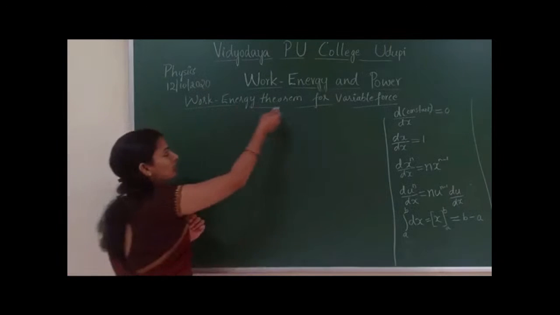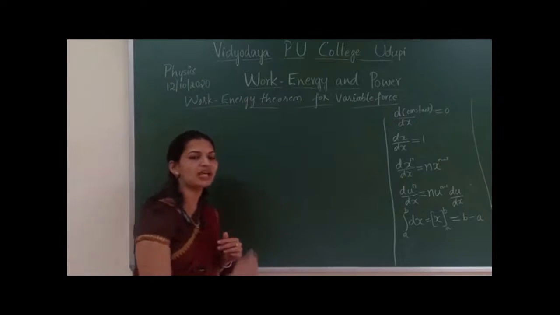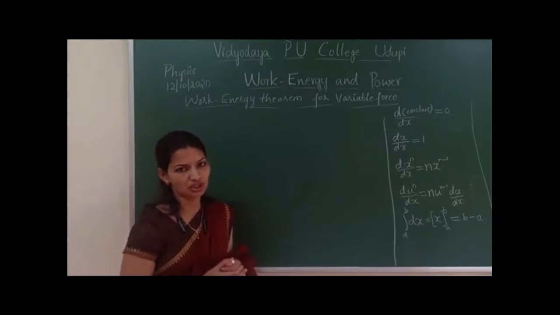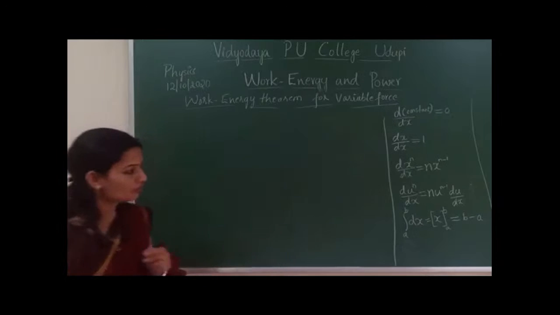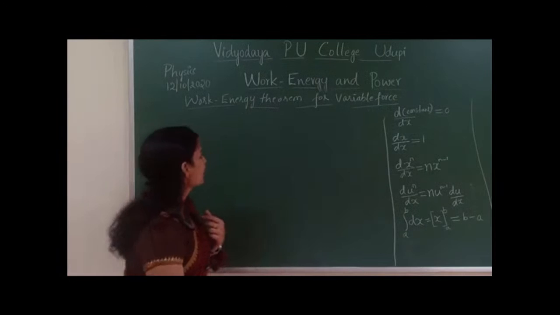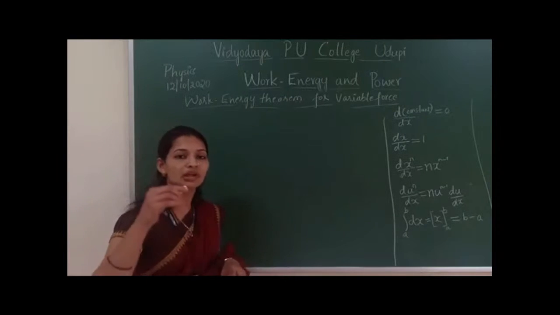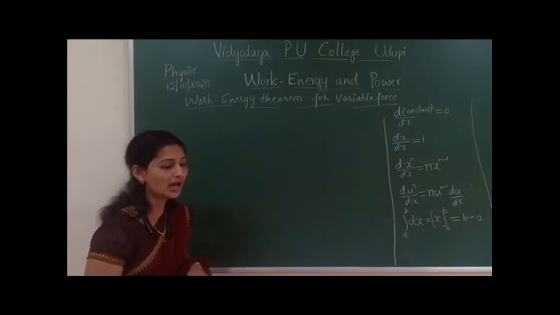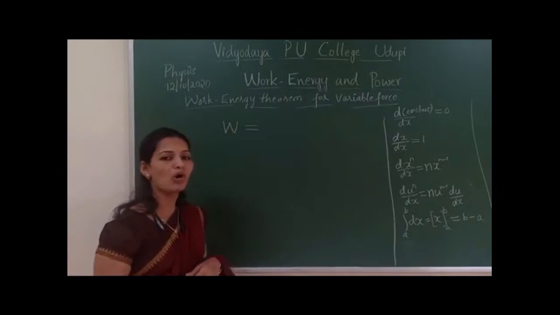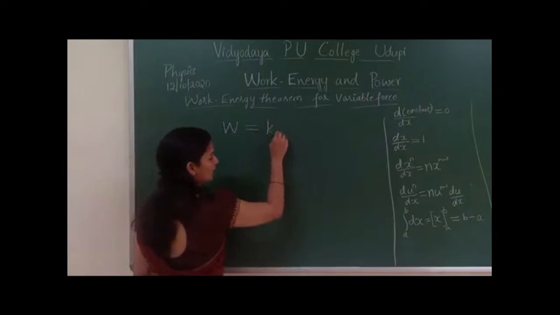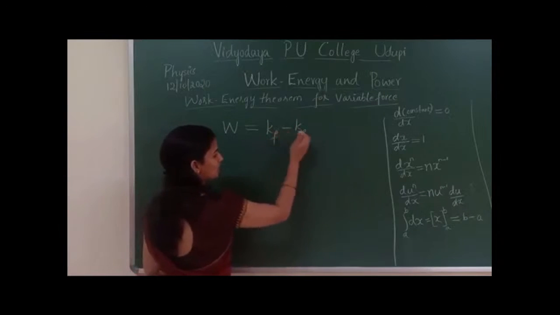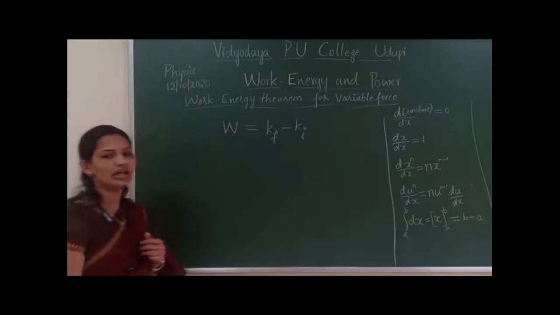Now we are going to derive the work energy theorem for variable force. Variable force means the magnitude of the force keeps changing. We know the statement of the work energy theorem, isn't it? It states that the work done by a net force on a body is equal to the change in its kinetic energy.